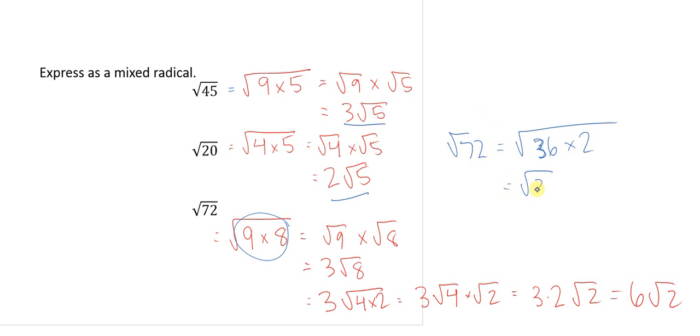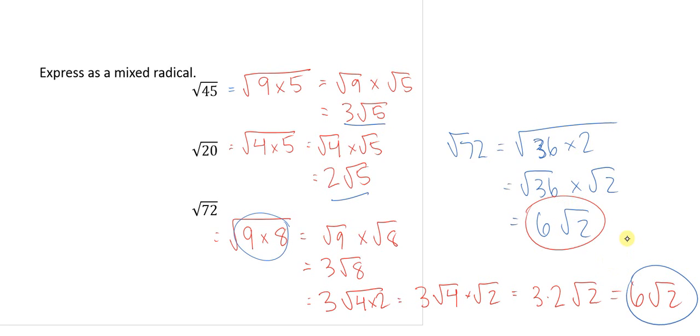Well, the square root of 36 times root 2, we get 6 root 2, which is the same. All right, so both methods work. Just always make sure that you check your final answer to see if it can be simplified further.